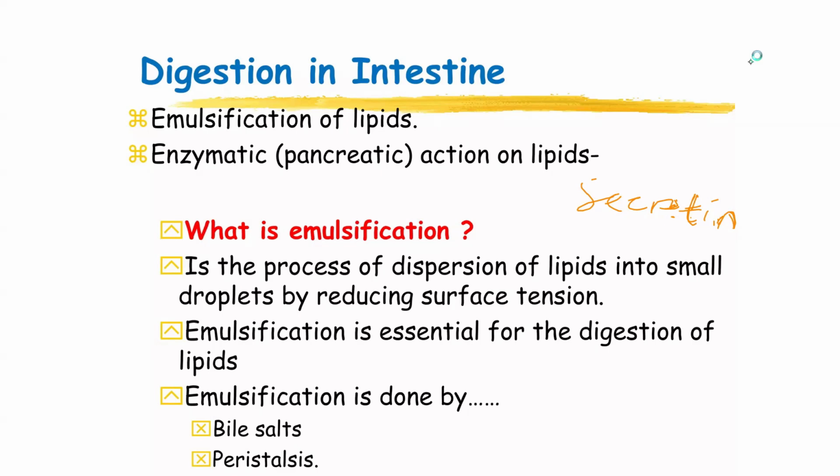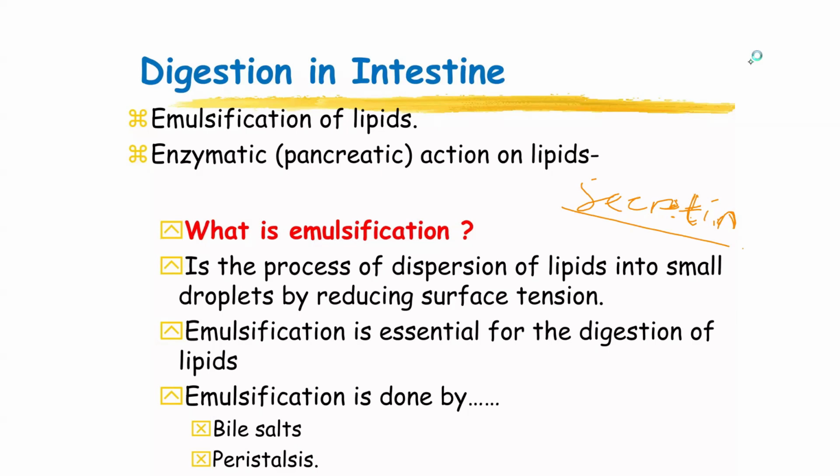So it helps in the release of bicarbonate by the pancreas. Now, what actually happens after the release of these enzymes and bicarbonate by these two major hormones?